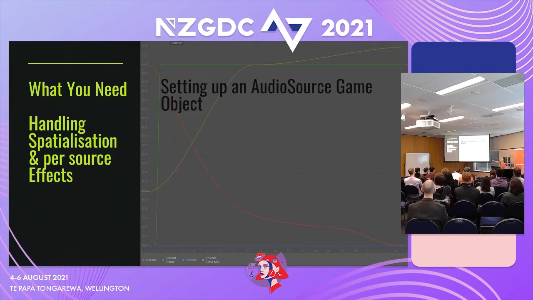This is what I like to call the less linear volume decay curve. So it's not quite linear, it sort of scoops off quickly, so it gets out of the way, but then stays around for a bit longer than a linear one. I find that works quite nicely. So I've got that saved as a preset, and I can just set a max distance, and it applies that preset over that distance. It's the reverb zone mix up there, which is the yellow one.